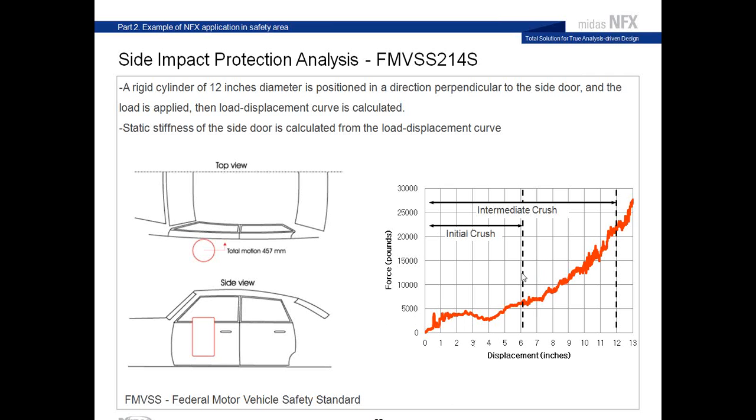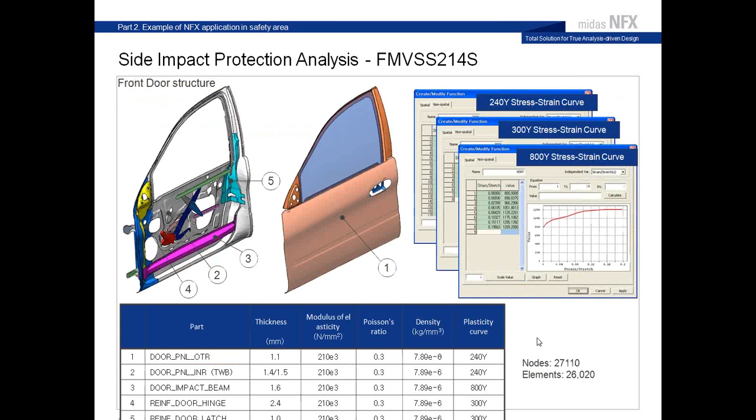You have two types: the initial crush, with displacement at 6 inches, and the intermediate crush with 12 inches. These are the different parts of the system. You have 5 different parts with different material characteristics for plasticity.